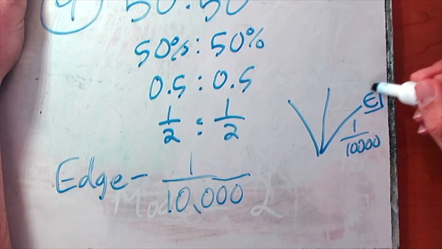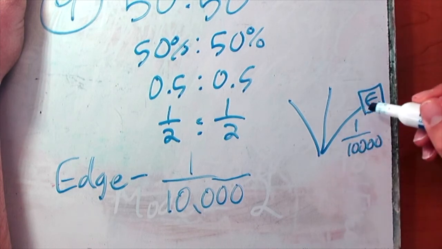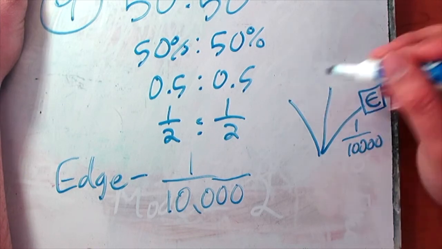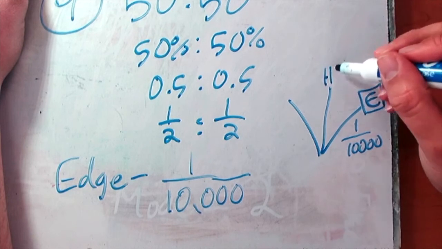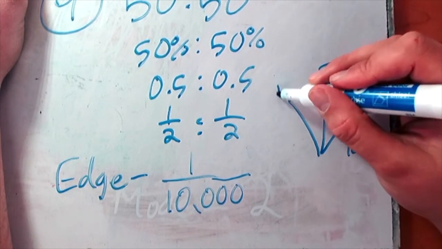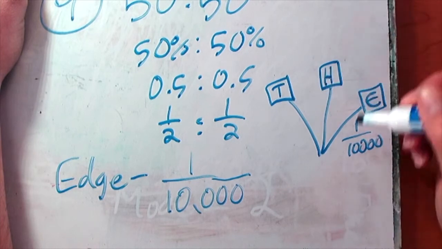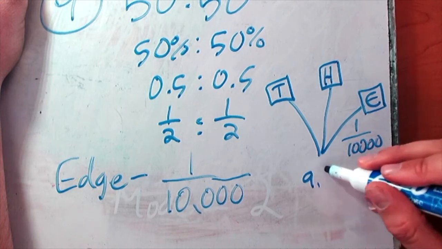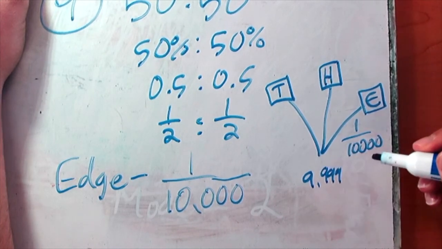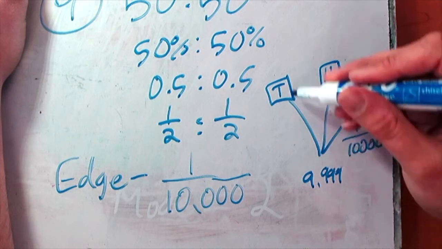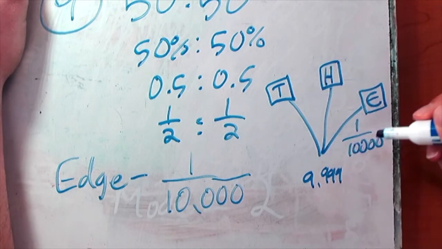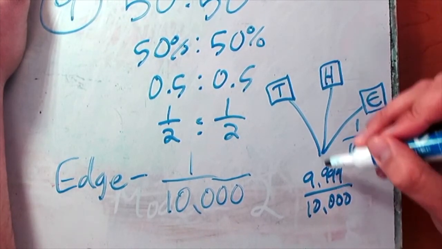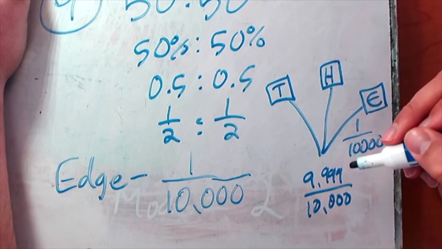So if that probability is already dictated over there, then these have to share the remainder of the probability. So let's call this one heads, and let's call this one tails. Well, that means between the both of those, I have 9,999 flips, because those are the remainder out of 10,000, that can go heads or tails.